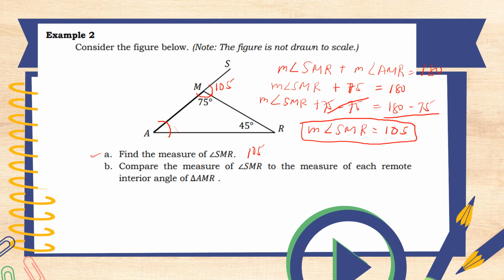Now, the sum of the interior angles of a triangle is equal to 180.